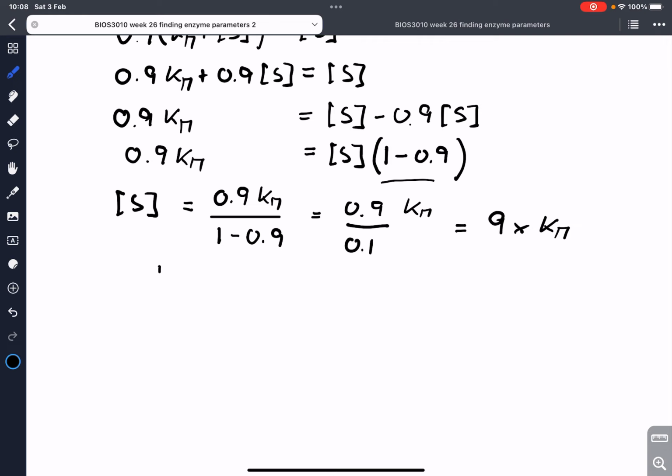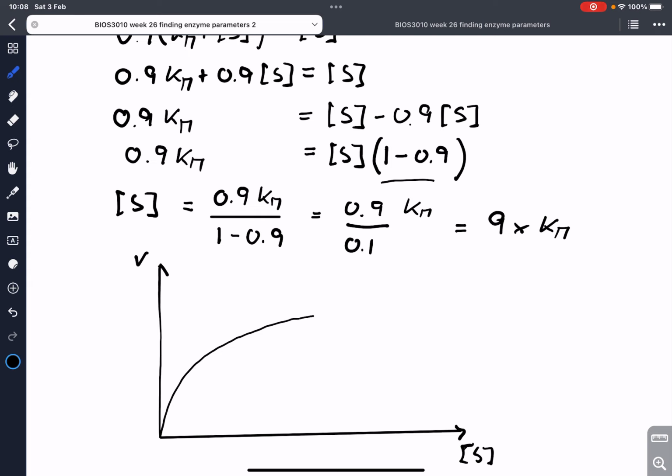And if we want to look at that from a Michaelis-Menten plot, for example, here we've got our substrate concentration, here we plot the rate, and we might have something like that. So what we are looking for is at which substrate concentration do we get roughly 90% of our Vmax.